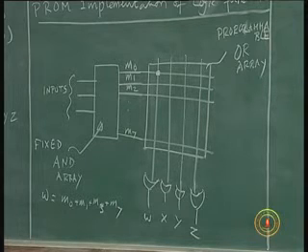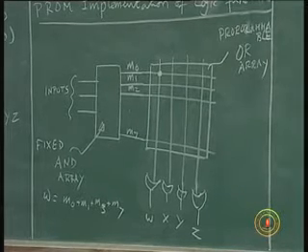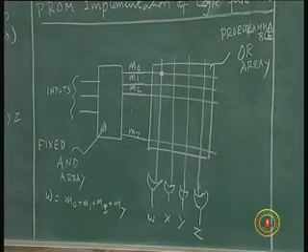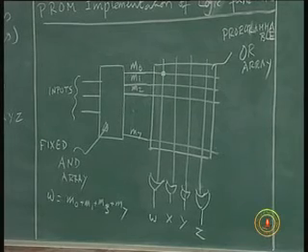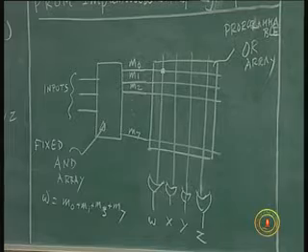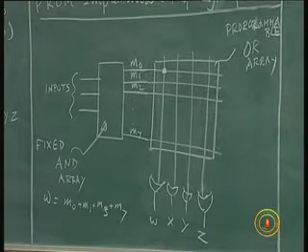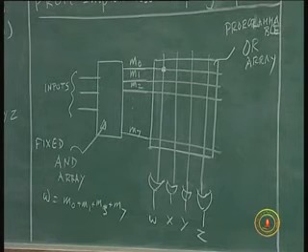Whenever I don't put that dot, you assume that the connection is not put, the connection is snapped. There are 8 inputs waiting to go into this OR gate. I retain some of them, terminate some of them. Whichever I put a thick dot on, assume it is connected. Whichever I do not put a thick dot on, assume it is not connected. We have to have some understanding of that.